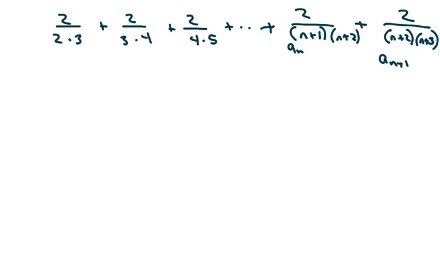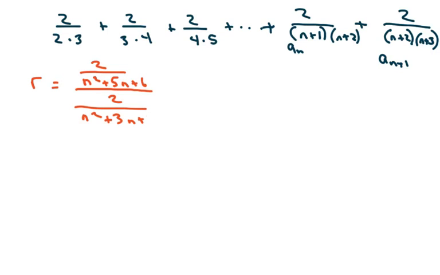Okay, so then we do our ratio test. And that's going to be the next term, and I'm going to go ahead and FOIL this out. So it's going to be n squared plus 5n plus 6 over 2 over n squared plus 3n plus 2.